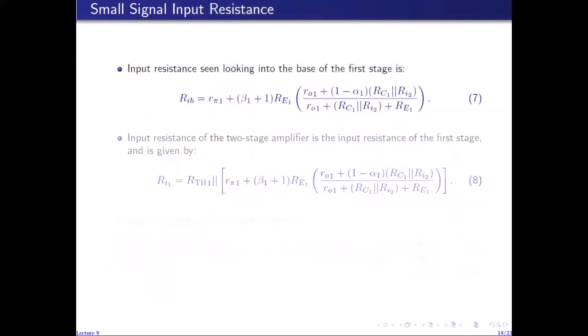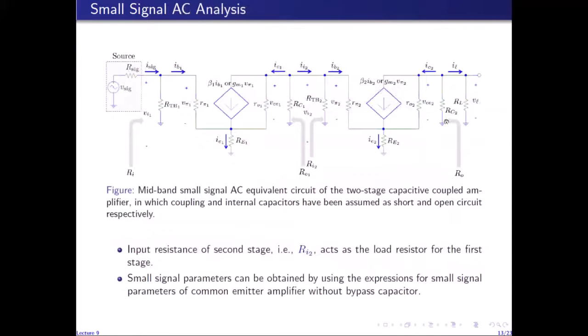Now, in order to find the output resistance Ro here, the output resistance is found by short circuiting the input of the amplifier, which is Vi1. So by short circuiting Vi1, I am left with a circuit which is given by the small signal model here, this circuit of the second stage, and then this circuit of the first stage.